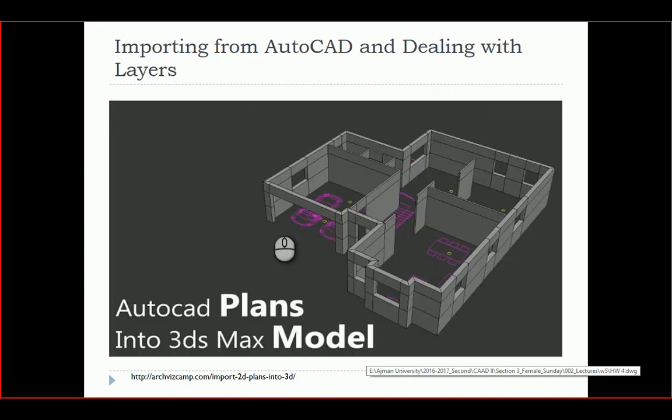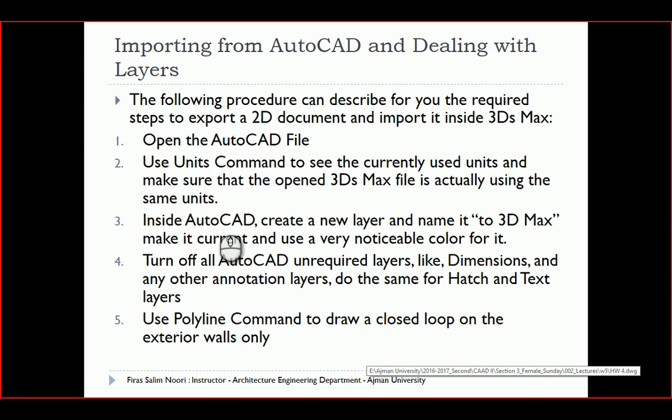Again, we're going to try to get this AutoCAD plan into 3D Studio Max, export the parts from AutoCAD to Max, and then extrude them to create 3D geometries. First we have to open the AutoCAD file, make sure of the units inside AutoCAD, and then we import it. Of course, before we start to separate each geometry, we need to turn off all the unrequired dimensions and notation.